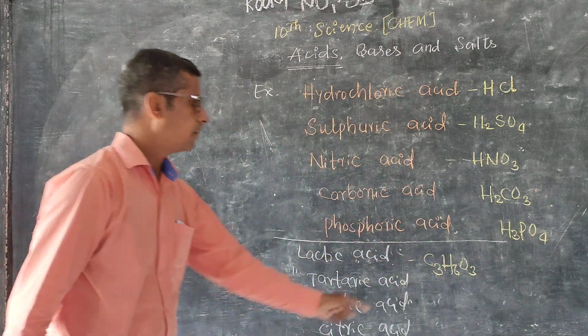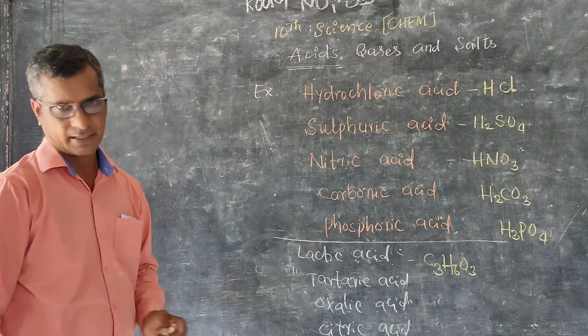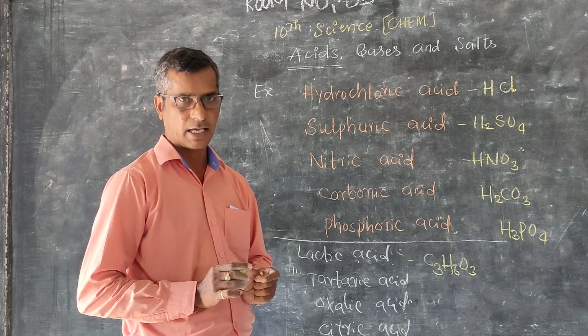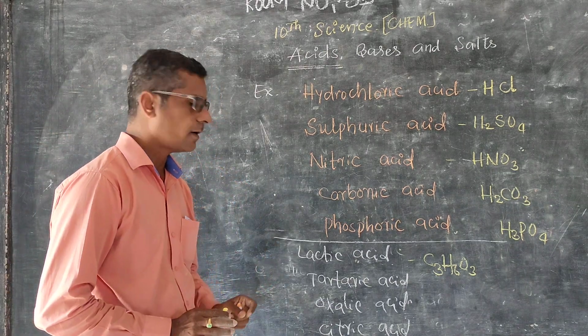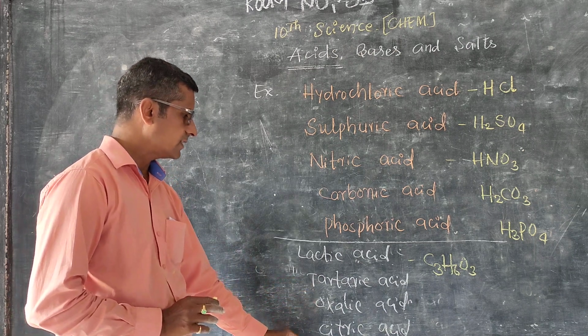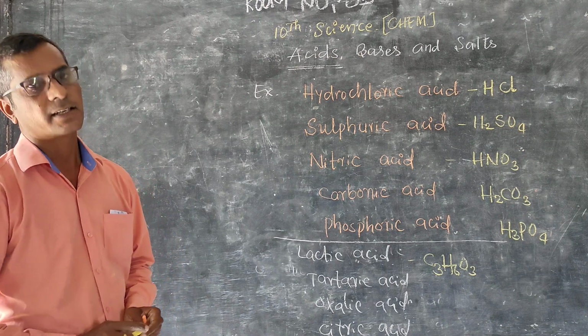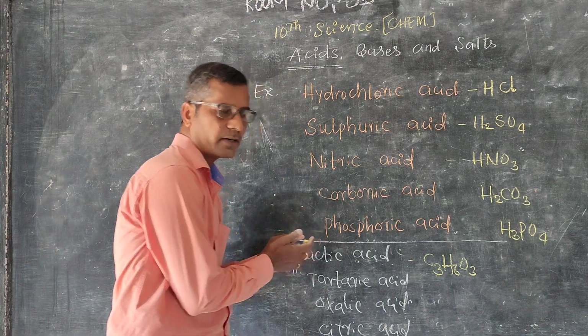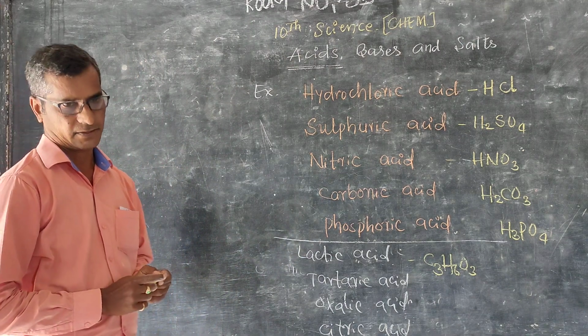So this is the molecular formula for lactic acid. Dear students, in the same way, with the help of Google, try to find the molecular formula for tartaric acid, oxalic acid, citric acid, formic acid, like that. So, dear students, these are some important examples for the acids.